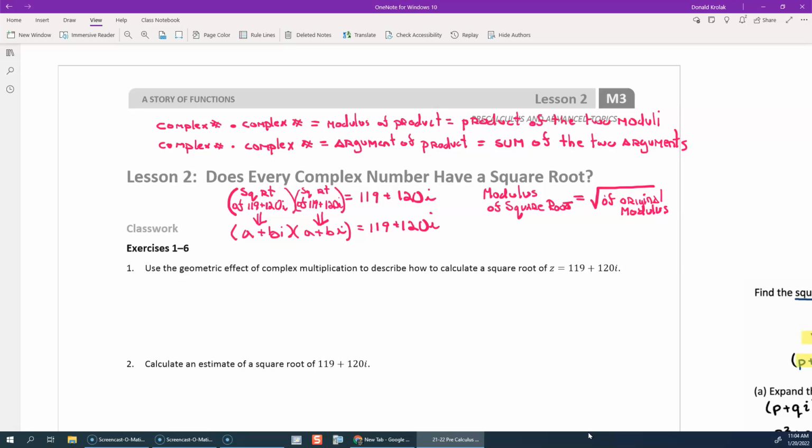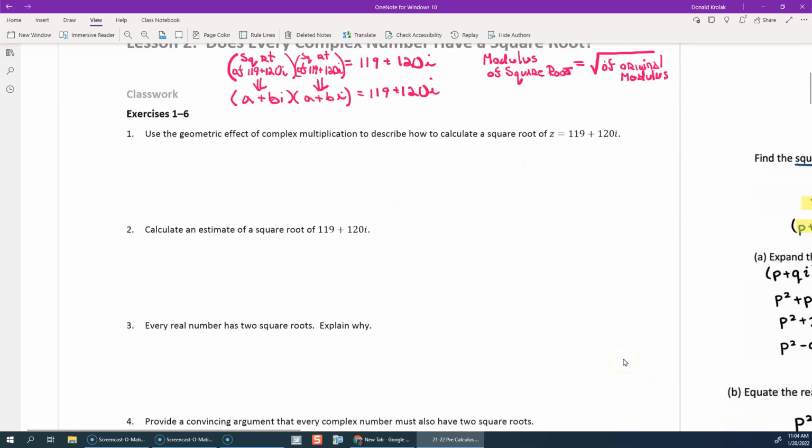So let's take this and combine all these into just one big thing here. Let's go z equals 119 plus 120i. Now let's find out what its modulus is.